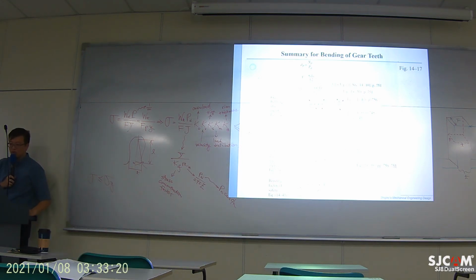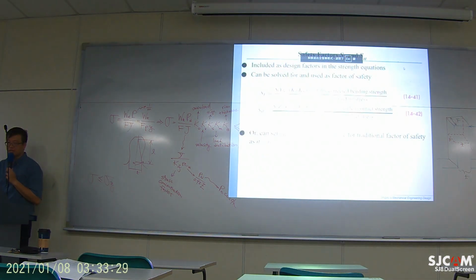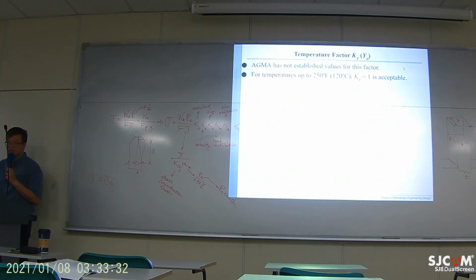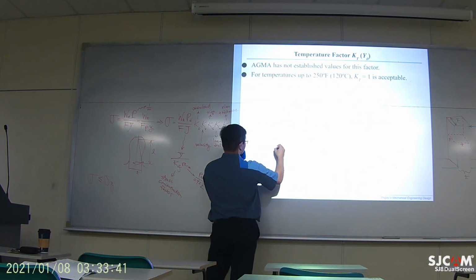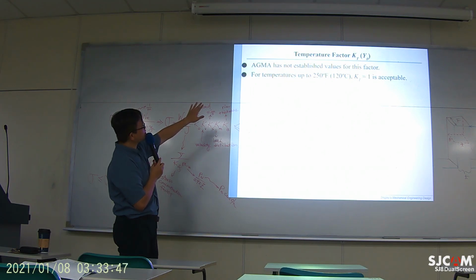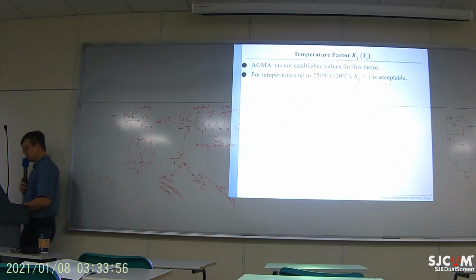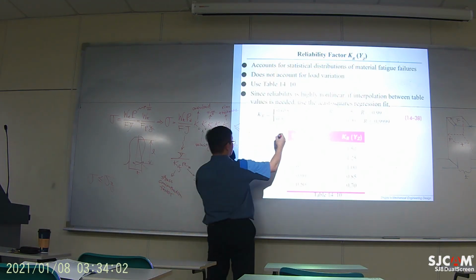So let's go back. KT. KT is a factor based on temperature. Okay, so KT is about temperature. So if the temperature is up to 120 degrees C, KT equals 1. So usually it's just a factor of 1. KR is about reliability.